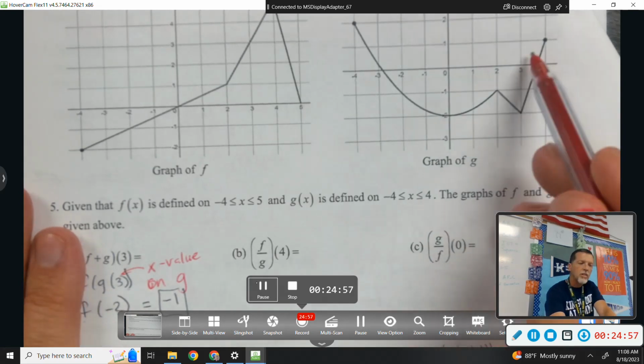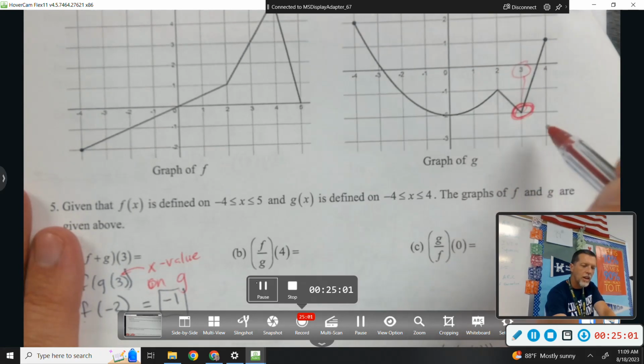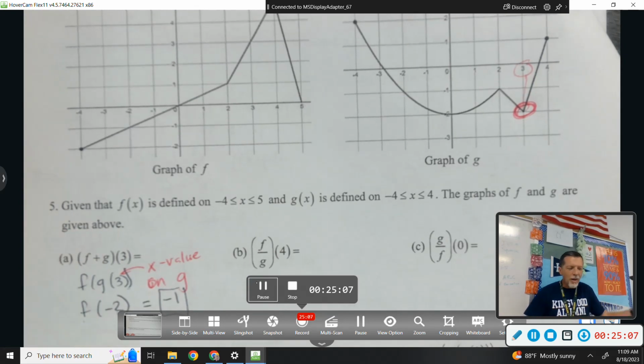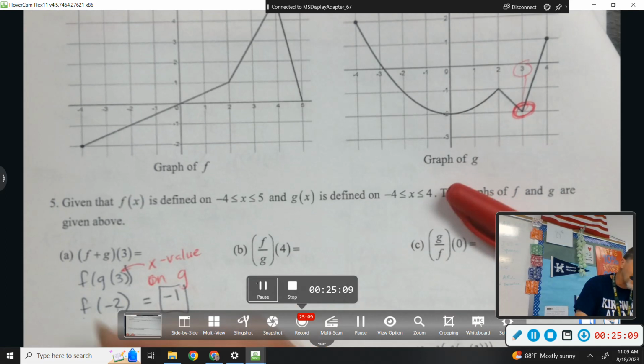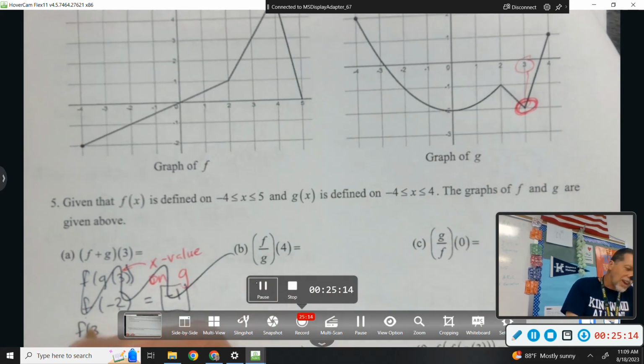So x equals 3 on the g equation is right there, and that y value is negative 2. But it says addition. Oh my goodness, yes, I did the harder thing. It says addition. So that just means f of 3 plus g of 3. Good catch, thank you.